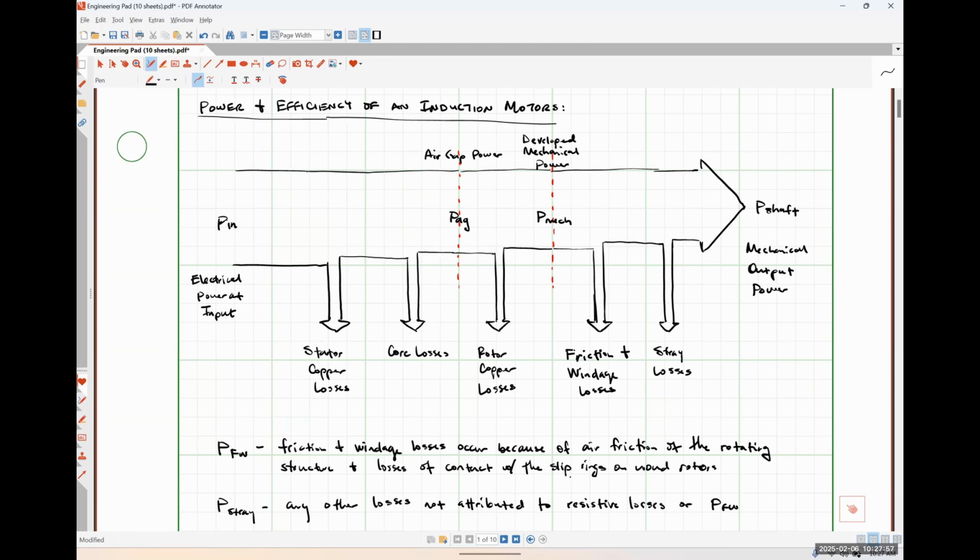So with that in mind, let's start looking at this thing as essentially an electrical circuit.